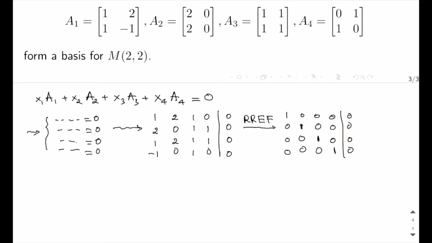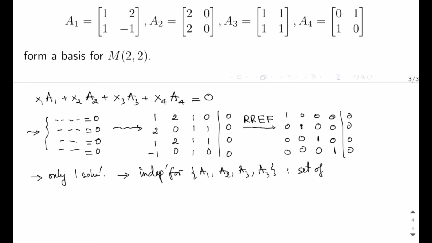And so that means you only have one solution. So that implies independence. All right. So we know that we have the independence for the set of four vectors a1, a2, a3, a4.